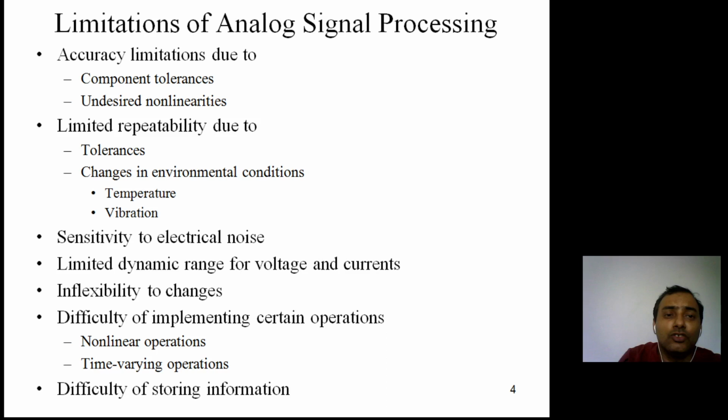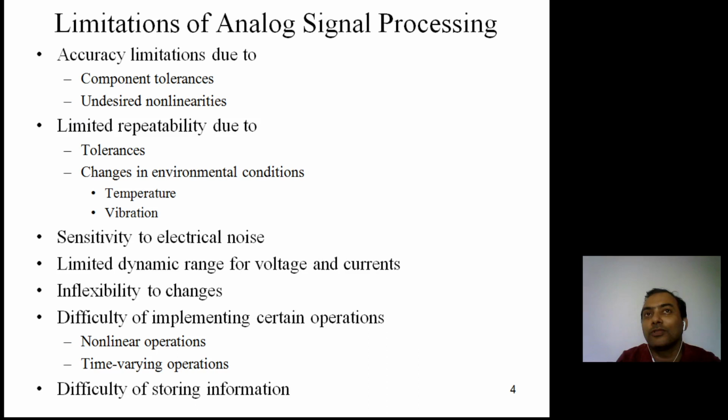In terms of limitations, accuracy limitations are there due to component tolerances and undesired nonlinearity. You know that capacitors have component tolerances. I remember that while doing resistors, there will be 5% tolerance for gold and 10% tolerance for silver and like that. Another limitation is limited repeatability due to tolerances.